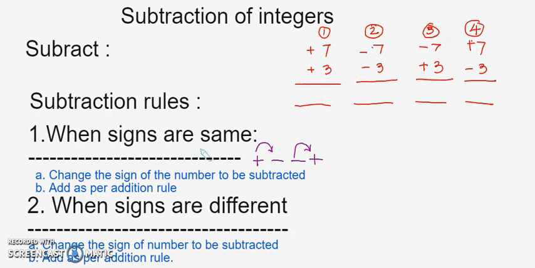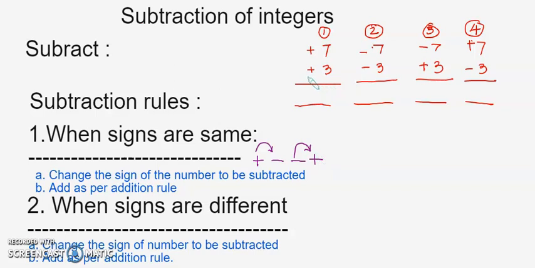So when signs are same, as you can see in example 1 and example 2, both are positive here and both are negative here. In that case, the first thing it says is change the sign of the number to be subtracted. Change the sign means if it is positive, make it negative, or if it is negative, change to positive.